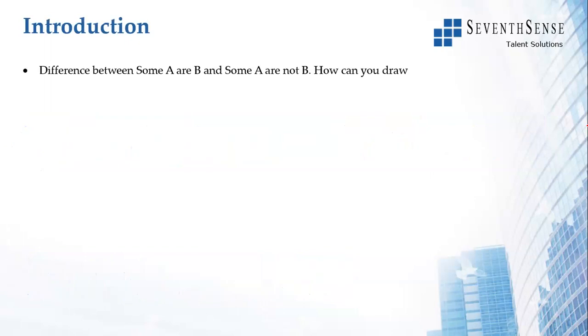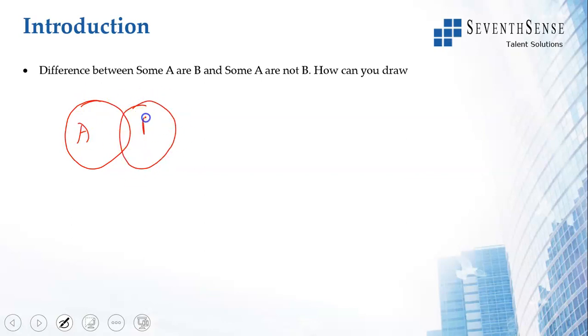So what is the difference between some A are B and some A are not B? Let me draw the different ways in which we can draw some A are B. One way to draw some A are B is this.